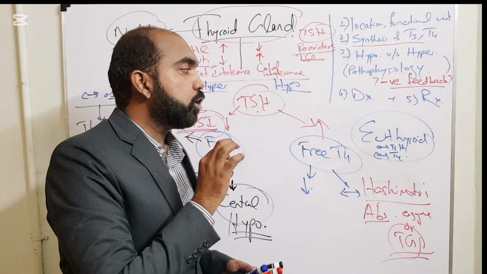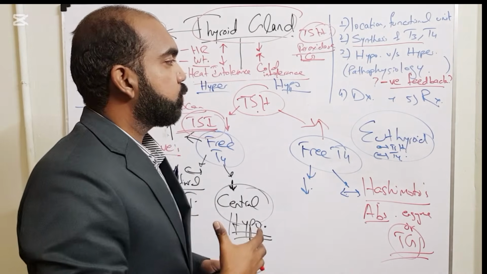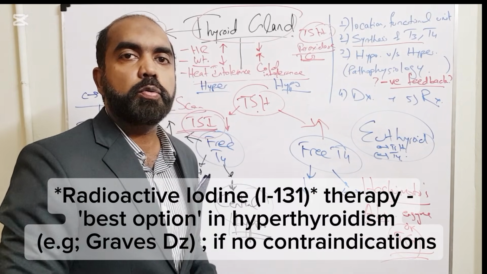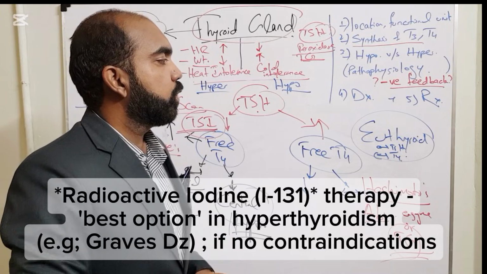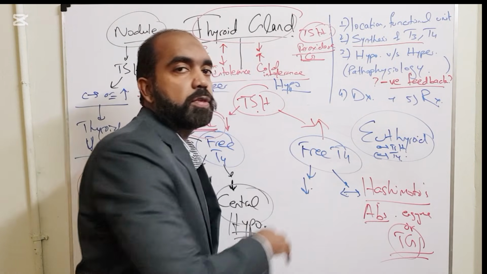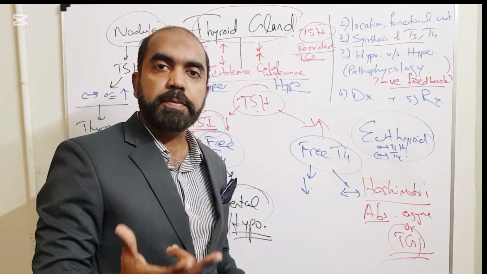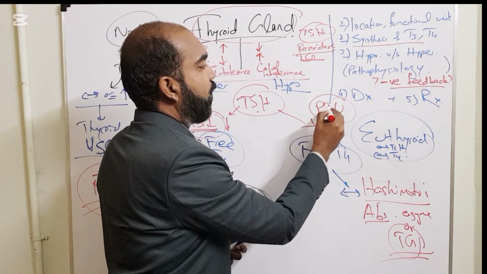So if you need to intervene surgically, or you want to destroy the hyperfunctioning follicular cells inside thyroid gland through I-131 isotope, so in that case also, we need to first make thyroid gland euthyroid with antithyroid drugs such as carbimazole, methimazole, and PTU, propylthiouracil.